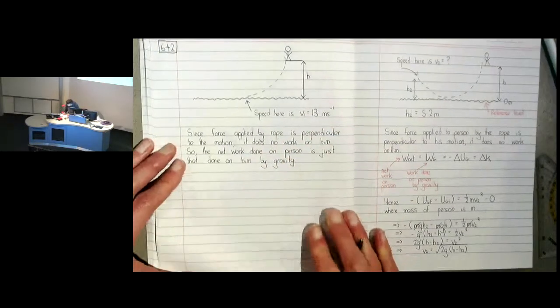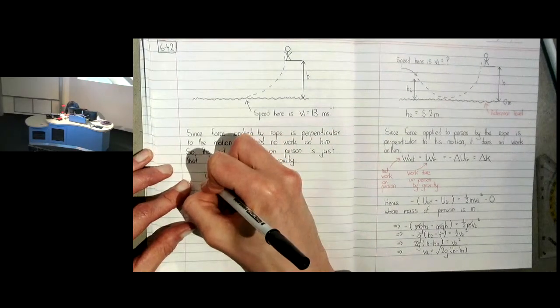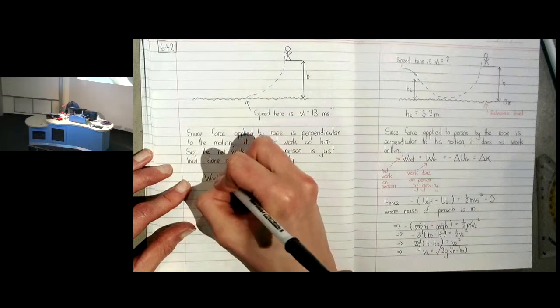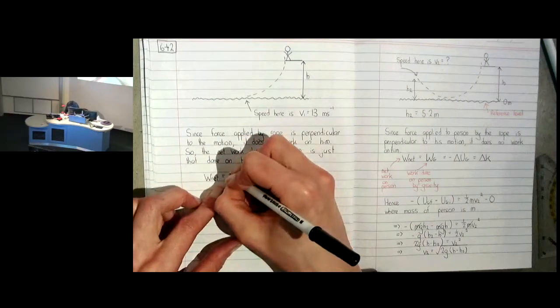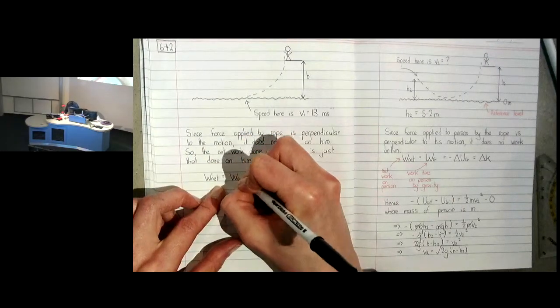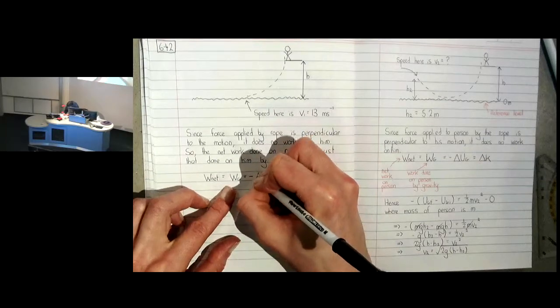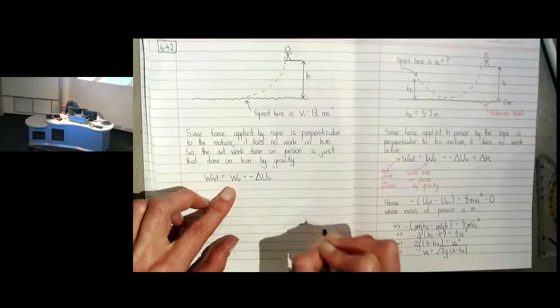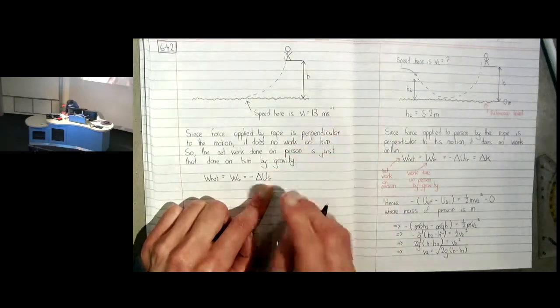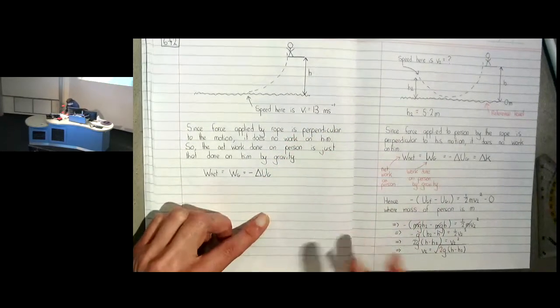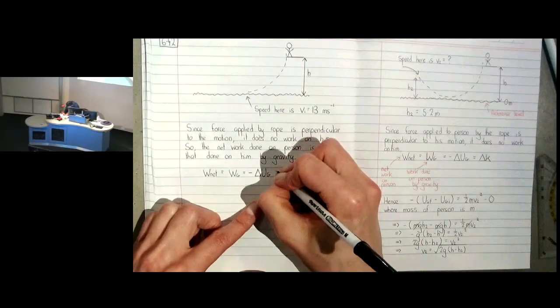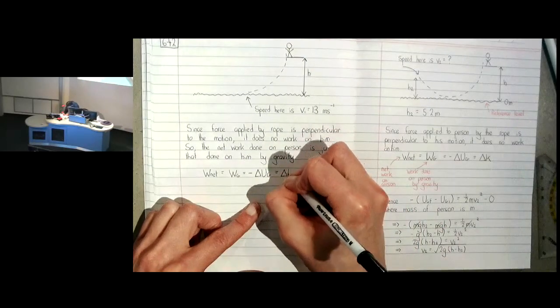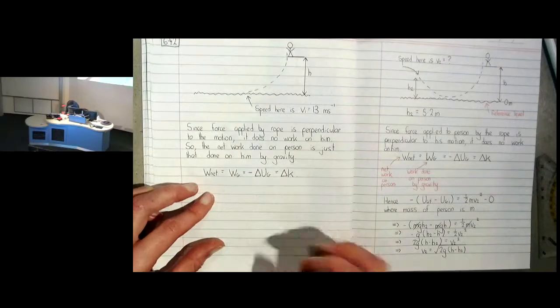And so here we know that the net work done on the person is equal to the work done by gravity, which is equal to minus the change in his gravitational potential energy. And since the net work is, by the work kinetic energy theorem, equal to the change in his kinetic energy, that's just equal to the change in kinetic energy.